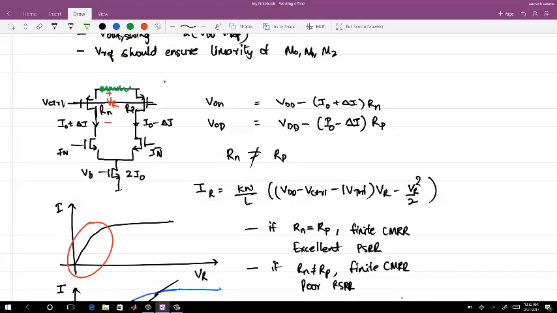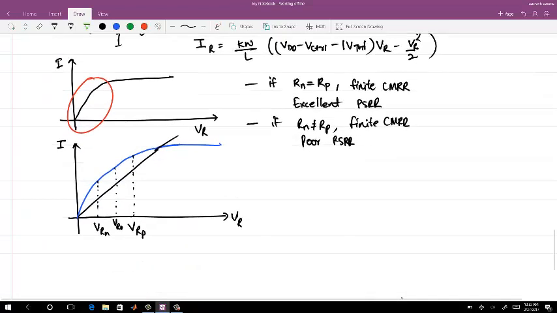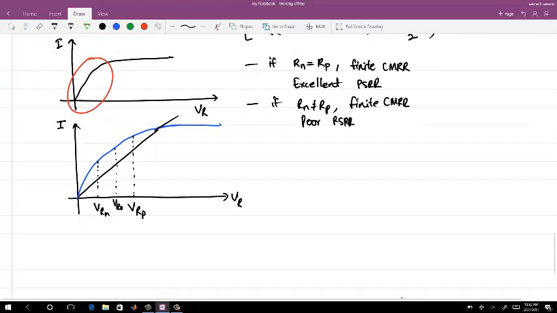One is that your output swing is actually dependent on the resistors. As the current is different in the two branches, your resistance values are different, so your output swing is going to be different, and that is more non-linear in this case. So these two problems you understood which I focused on here.